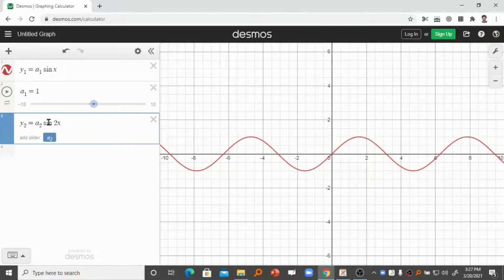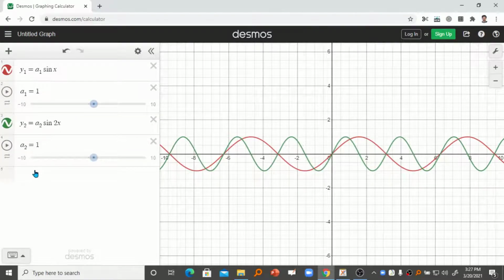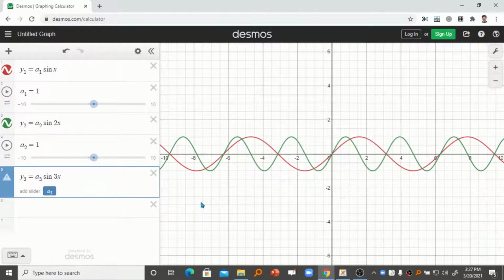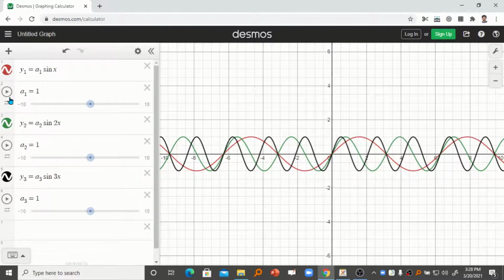Here you can see the amplitude is a2 and the frequency is increased to 2x. And let us take one more signal, that is y3 is equal to a3 sin 3x, right?